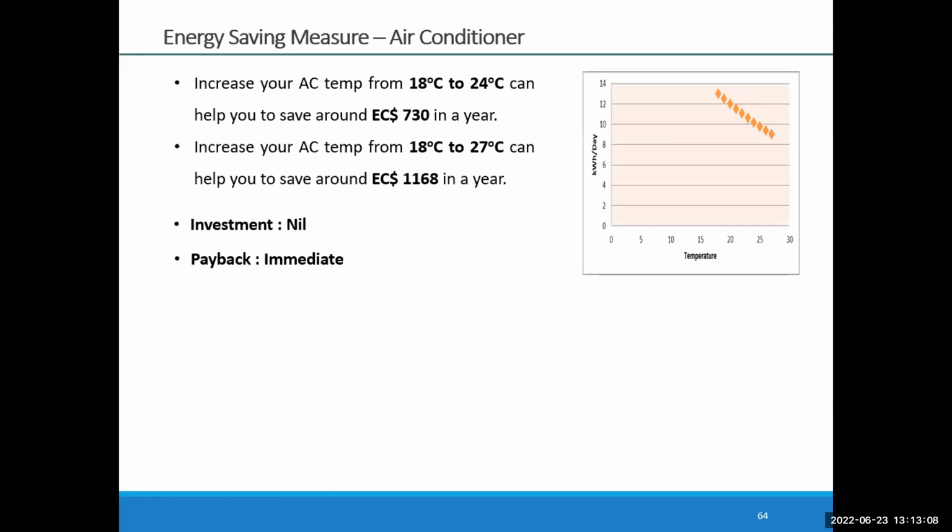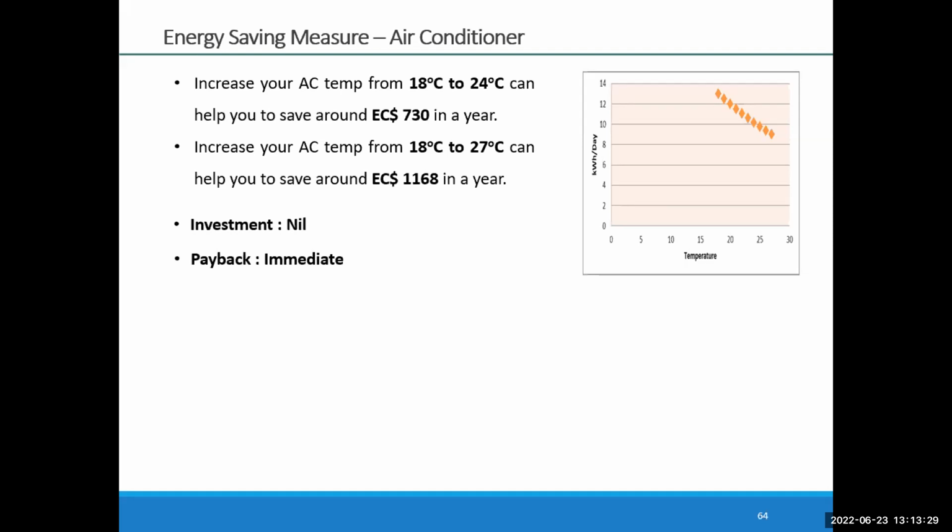Here one graphical illustration is shown with respect to the temperature set point for every 1 degree, from 18 degrees to 27 degrees, and energy consumption per day. This is also based on experimentation. These figures were achieved with respect to Indian climatic conditions.